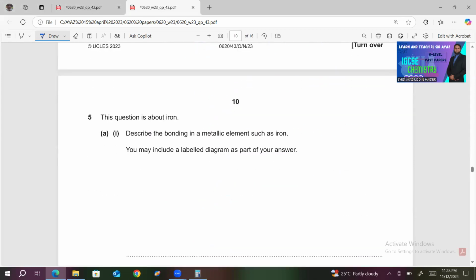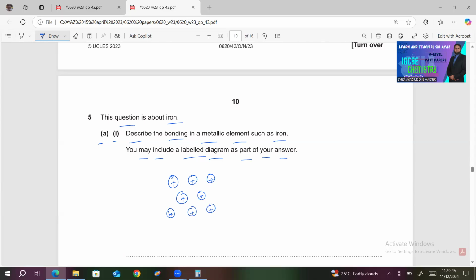Moving to the next question, number 5. This question is about iron. A1. Describe the bonding in a metallic element such as iron. You may include a labelled diagram as part of your answer. I recommend students show at least 3 layers when drawing the diagram for metallic bonding. So we have layer number 1, with a positive sign inside each circle. Here is layer number 1, layer number 2, and layer number 3.